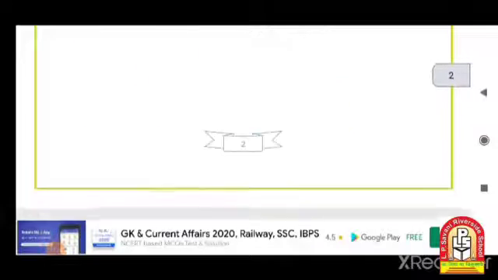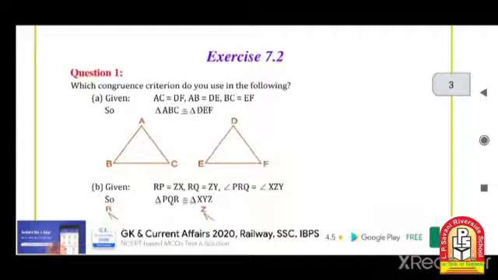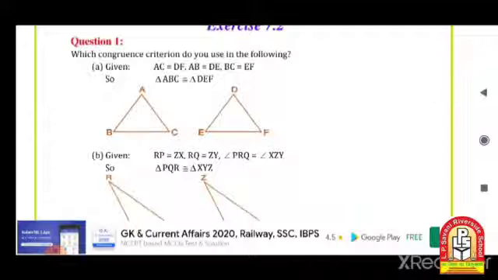Then after, in exercise 2, which congruence criteria do you use for the given examples? So here AC and DF are the same, AB and DE are the same, and BC and EF are the same.